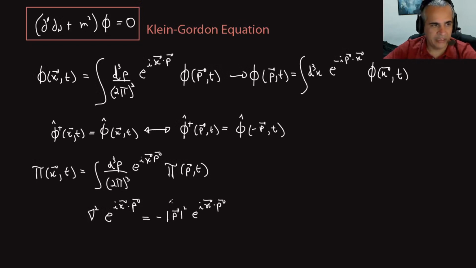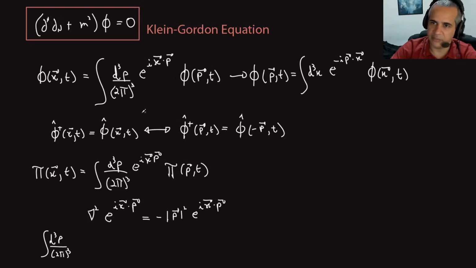That means my equation will become just the integral in d3p over 2 pi to the cube. This is coming from exchanging phi by this expression, so this integral goes all the way outside. The time derivative I leave here.